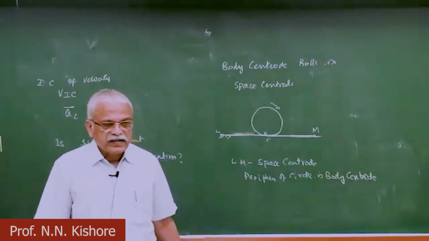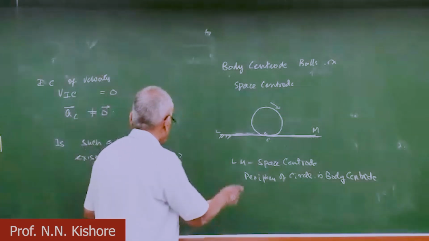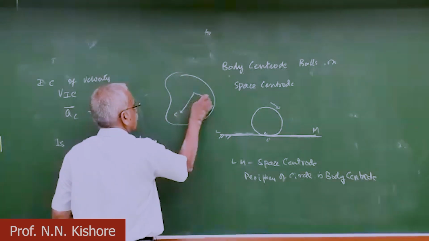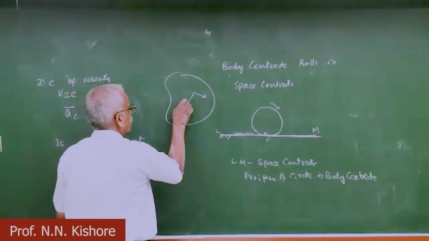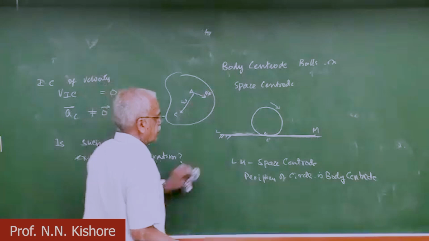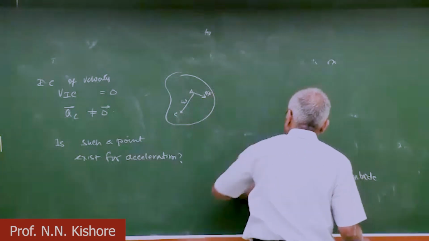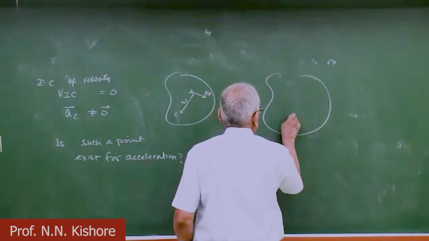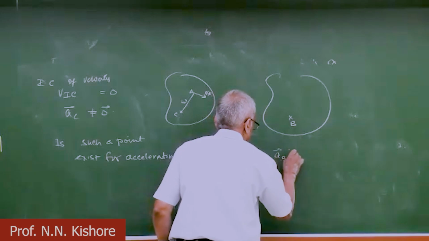But how will it be helpful for us? In the case of velocity, if you know the center is here, we simply put the velocity as omega times a to get the velocity of a. But with acceleration it is a little cumbersome and difficult, maybe not impossible. Say there is some point B here where the acceleration of B is 0.